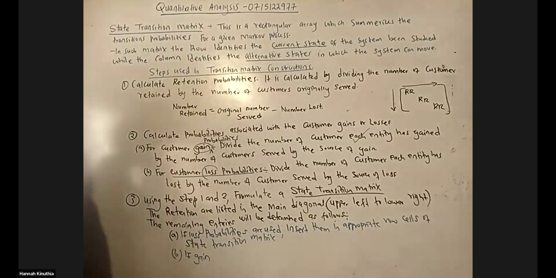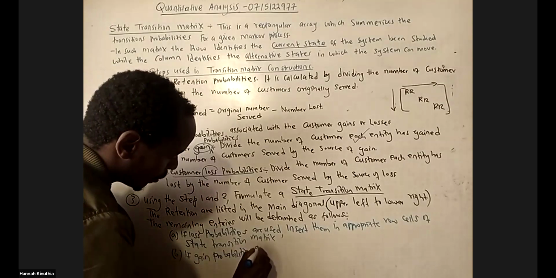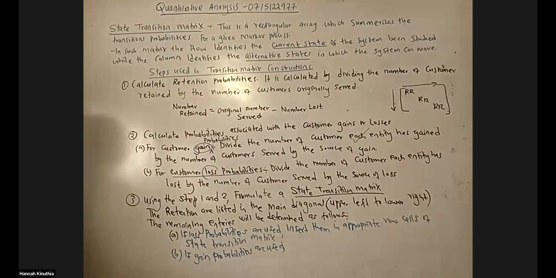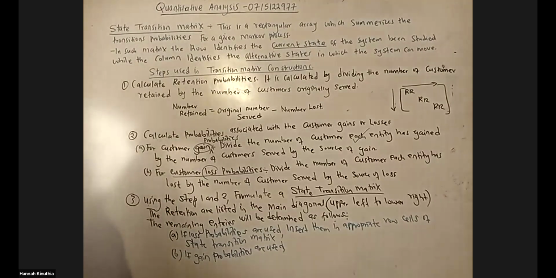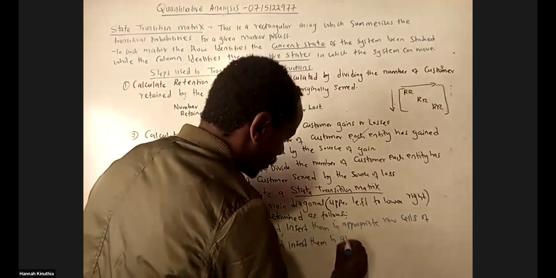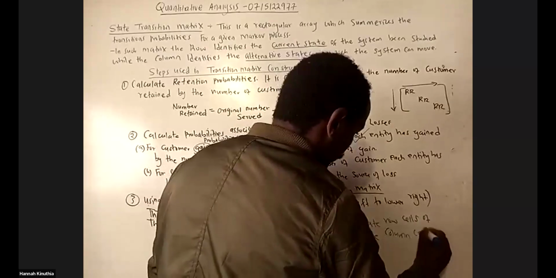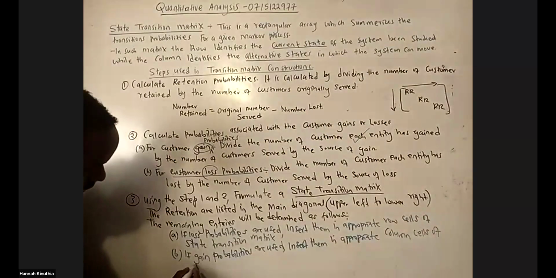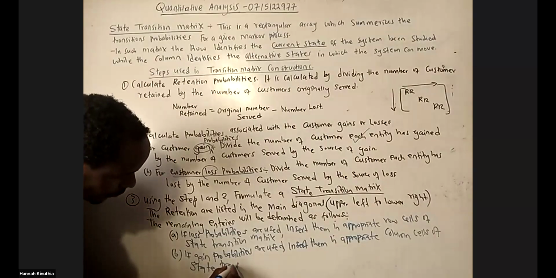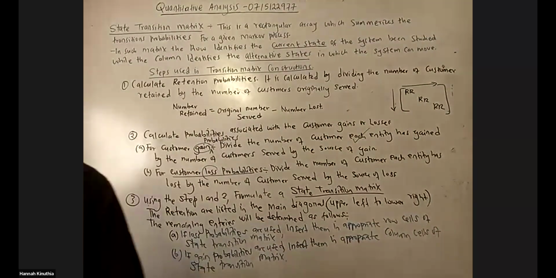If gain probabilities are used, insert them in the appropriate column cell of the state transition matrix. So I'll give an example.